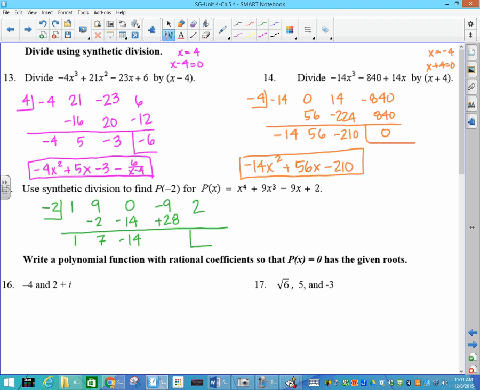That makes that a positive 28. Negative 9 plus 28 is 19. Negative 2 times 19 is negative 38, and 2 plus negative 38 is negative 36. So in the answer blank, you can either write just negative 36, or you can tell me that p of negative 2 equals negative 36.